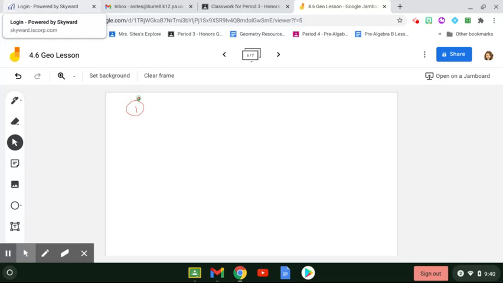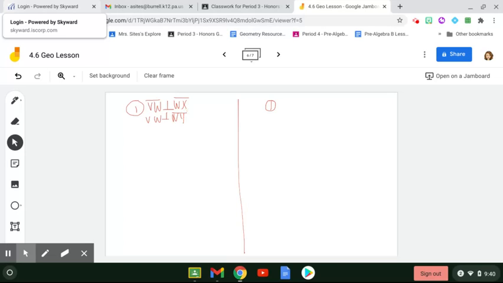All right. So the first thing we're going to do is write down the given information. VW is perpendicular to WX. And we know that VW is also perpendicular to WY.